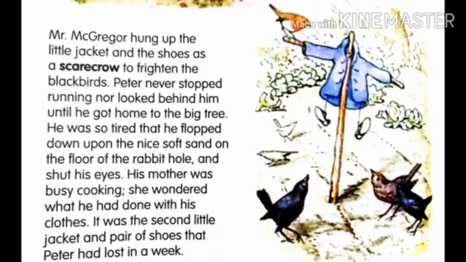Now he was so tired that he flopped down upon the nice soft sand on the floor of the rabbit hole and shut his eyes. Because he was frightened and had been running, now when he reached home, he felt relaxed. So he went to sleep. As soon as he shut his eyes, he was asleep.